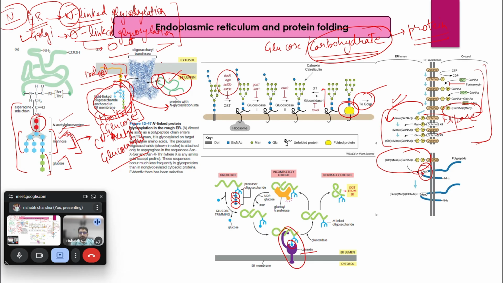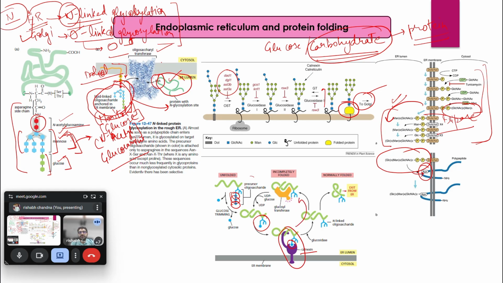Now, this is the precursor oligosaccharide which has three glucose molecules. Then glucose trimming happens. This glucose trimming is part of the protein folding complex. Once glucose is trimmed, it is recognized by calnexin or the other chaperones.